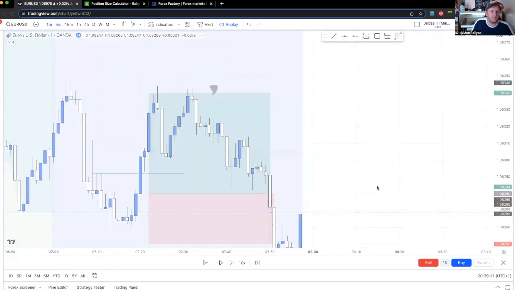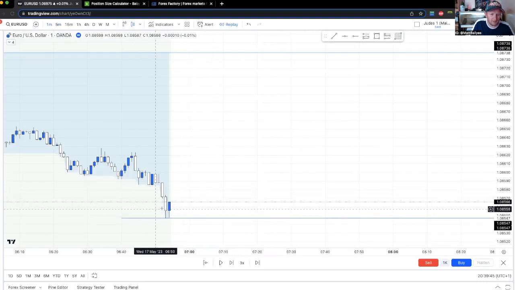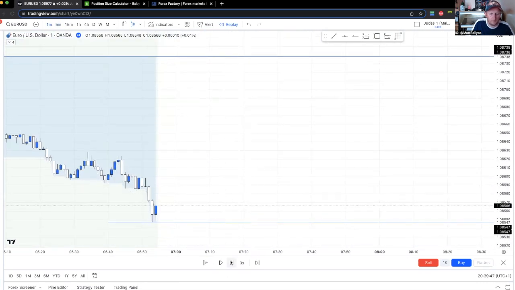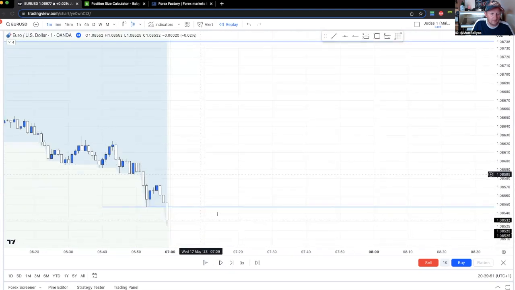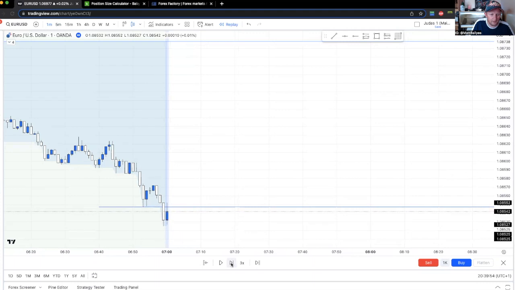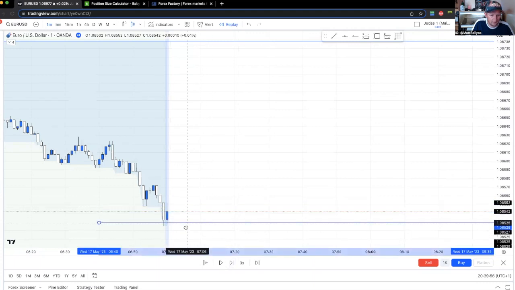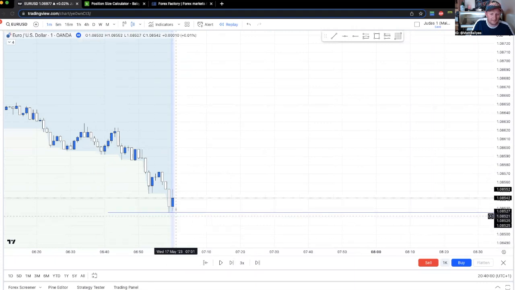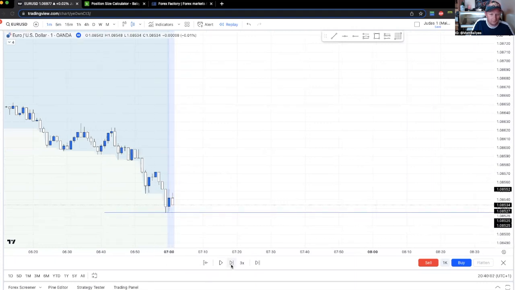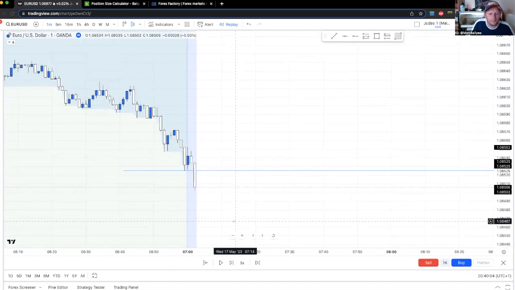Let's go to the previous day. So as I jump to the previous day, it looks like the price might sweep the lows straight away. Yep, and actually the trading session hasn't started yet. So technically this is a low right here. And the first candle at 7 o'clock did not sweep it, but that one did.